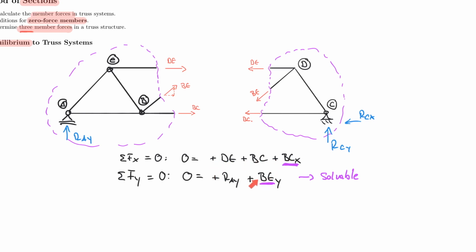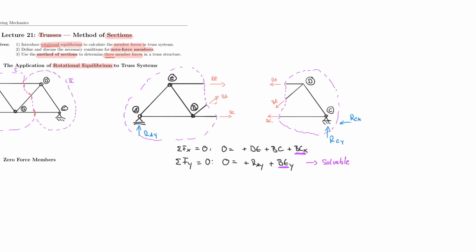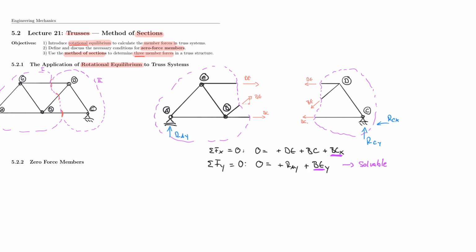So therefore, I reached a dead end, and I need to find another solution. And of course, from the introduction of the lecture, you already remember that now I'm using the moment rotational equilibrium to solve this problem. And this is where the trick in the method of sections lies.